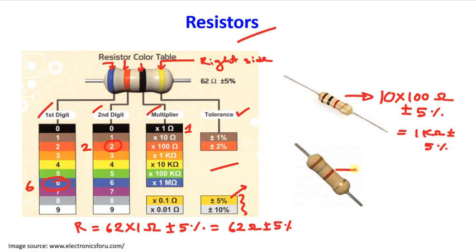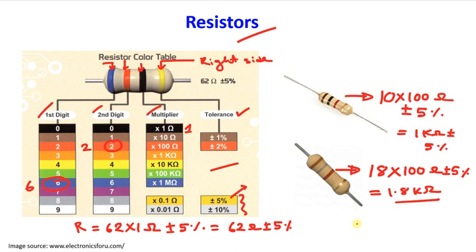So please quickly do the same thing for this resistor as well. First brown, so 1, then silver color means 8, then red, the multiplier, is 100, this is ohm, plus or minus 5% as tolerance, which is basically nothing but 1.8 kilo ohm.